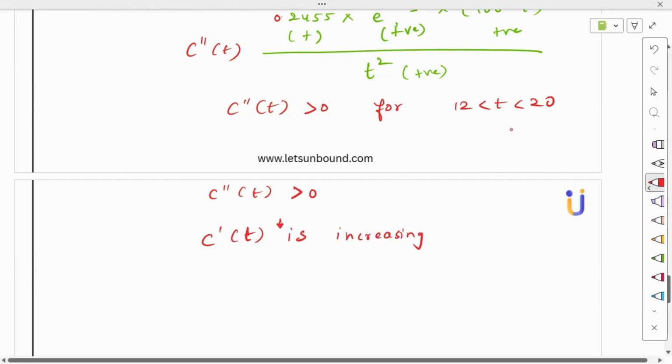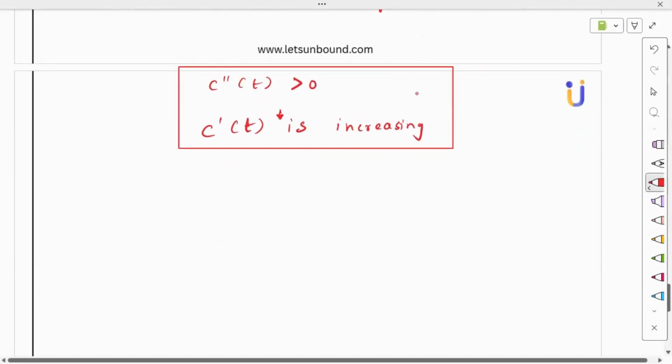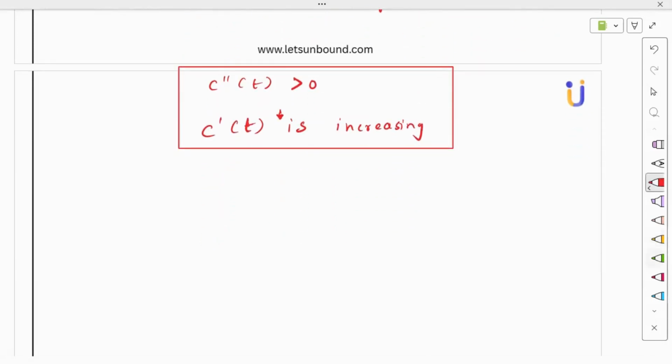So this is the case: now C'(t) is increasing. In the context of the problem, we can write it like the temperature C(t) is increasing. The temperature of the coffee is increasing. Temperature of coffee, it's not increasing actually, it is decreasing.